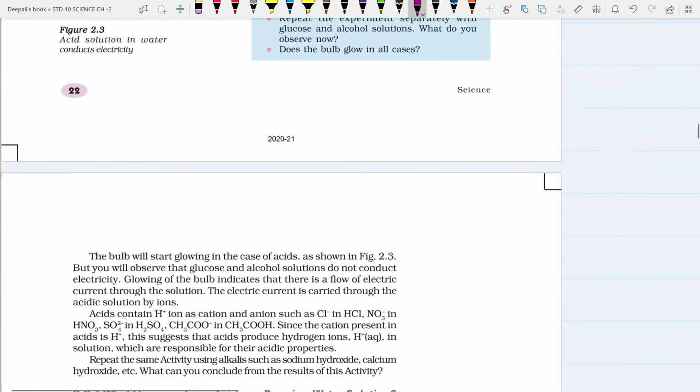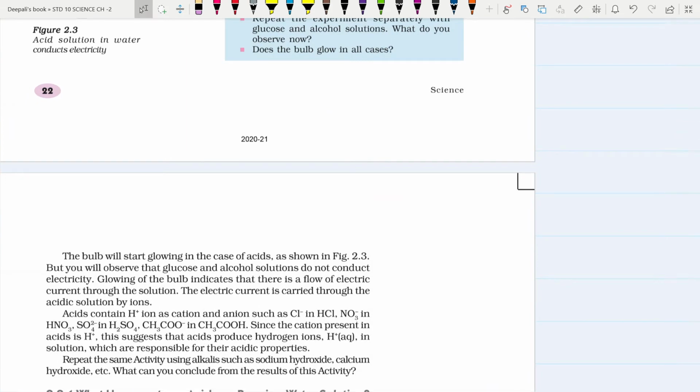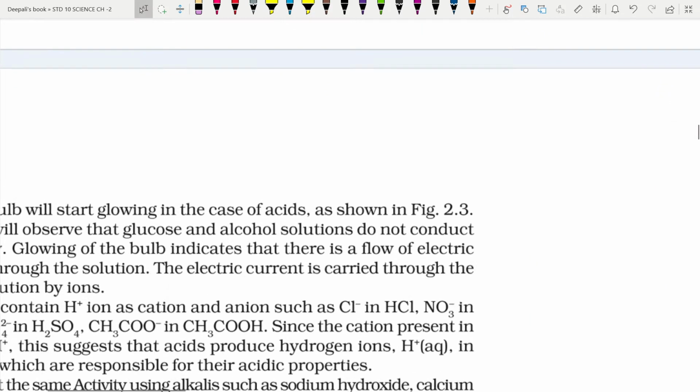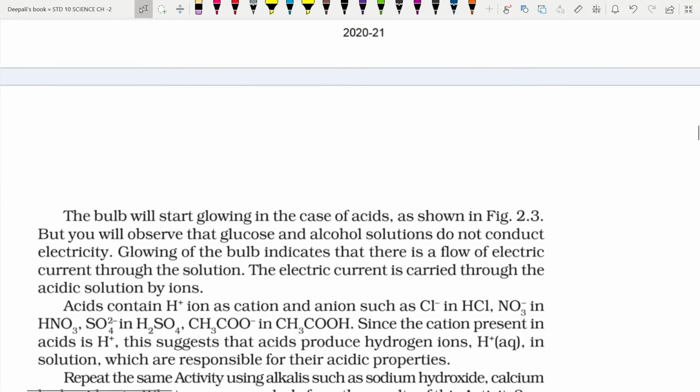So the bulb will start glowing in the case of acid, but you will observe that glucose and alcohol solutions do not conduct electricity. Glowing of the bulb indicates that there is flow of electric current through the solution. The electric current is carried through the acidic solution by ions.